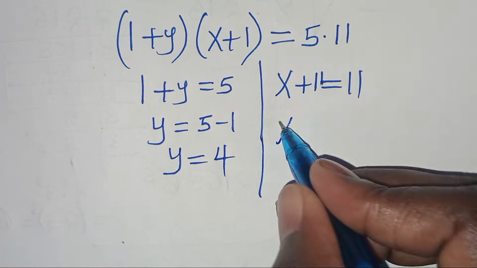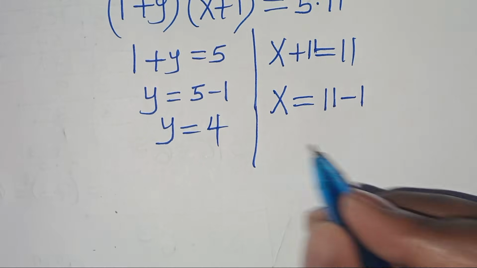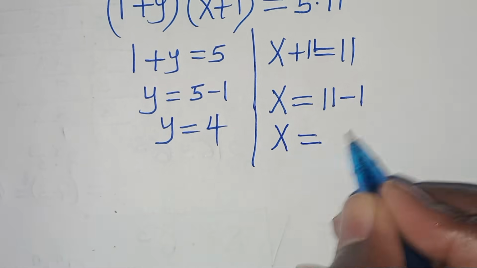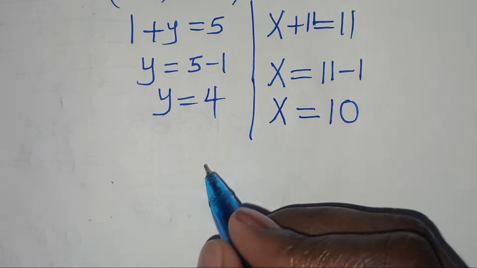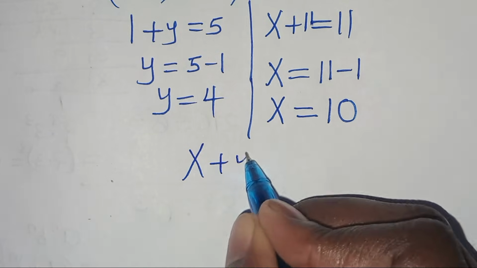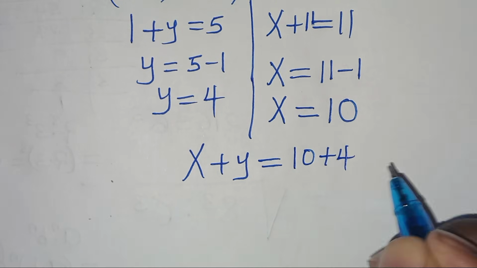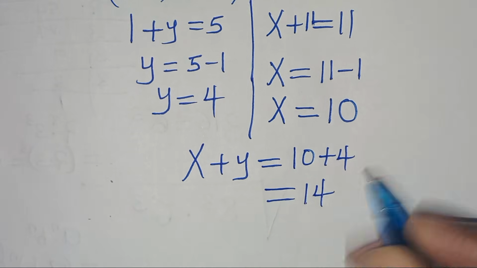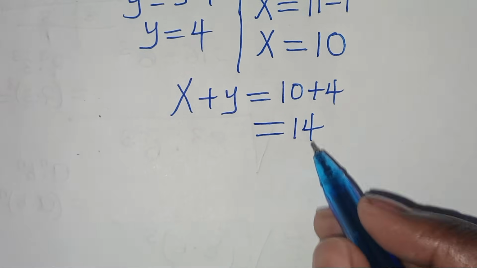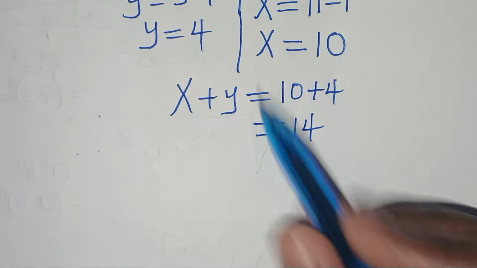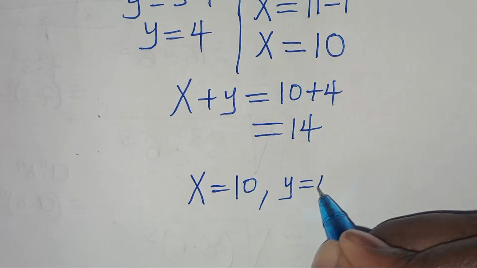Here x = 11 subtract 1, which is 10. So x + y = 10 + 4, which is 14.